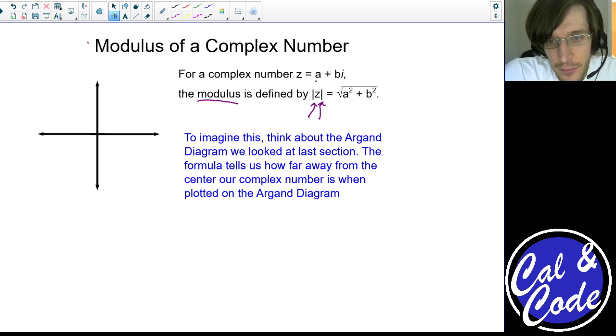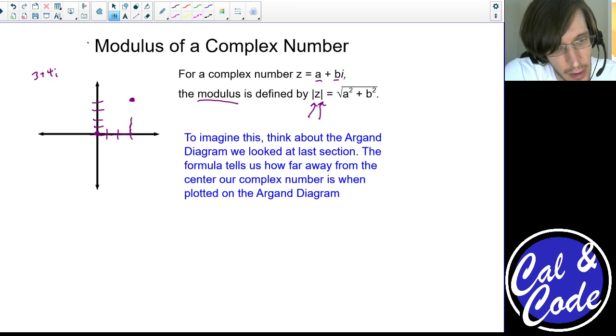So to find that, when you have some complex number a plus bi, think about an Argand diagram. If I had 3 plus 4i, I come over 3 and go up 4 on the imaginary axis, and ask how far away from the origin am I? Well, I can do this by using the Pythagorean theorem.